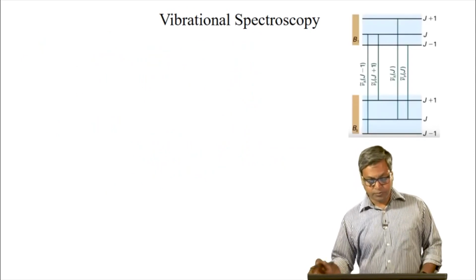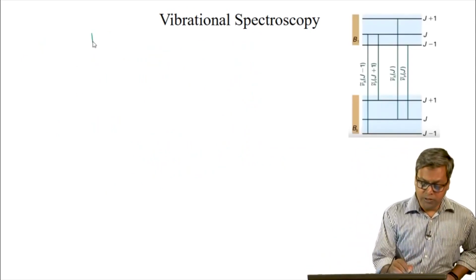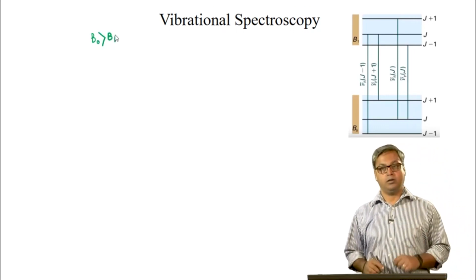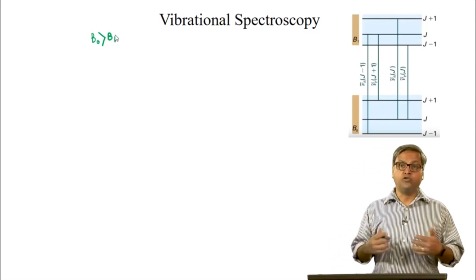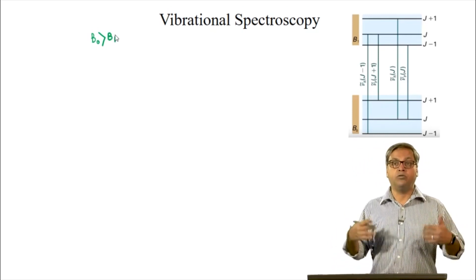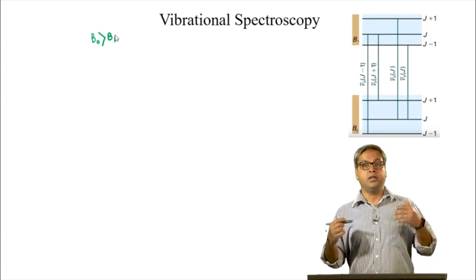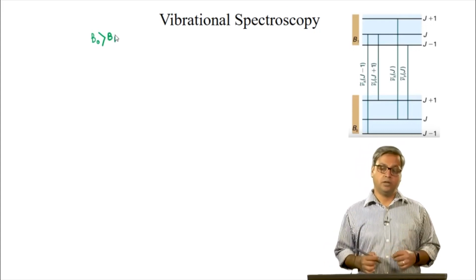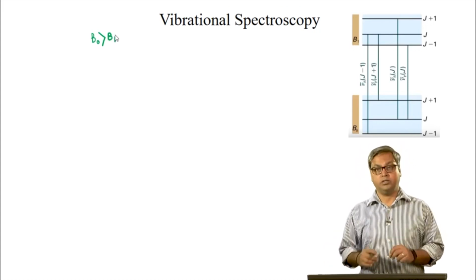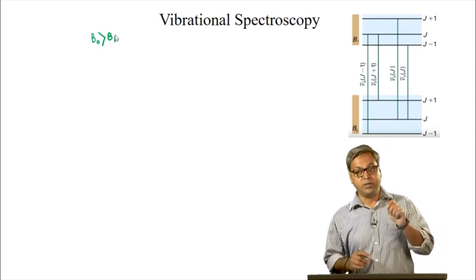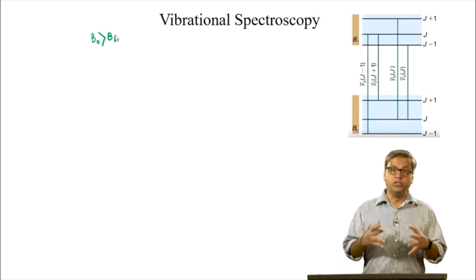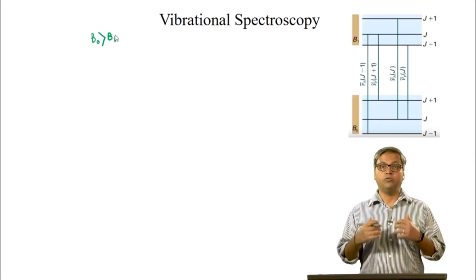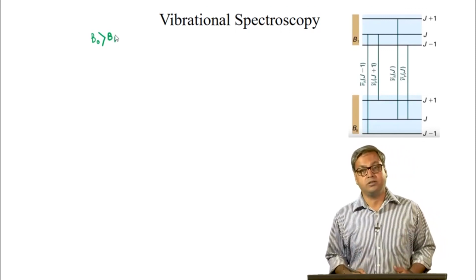So, thus as B 0 is greater than B 1, the lines in the P branch are going to spread out as we go to higher initial J states. But for the R branch, for the same reason, that is B 0 greater than B 1, the lines are going to get closer together as we go to larger initial J states.